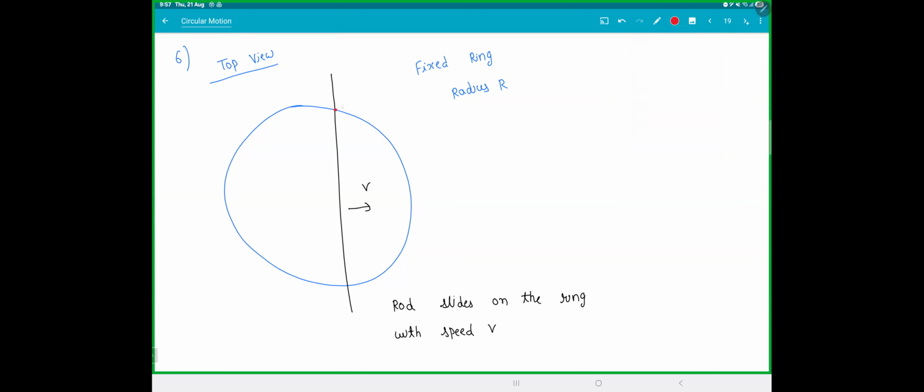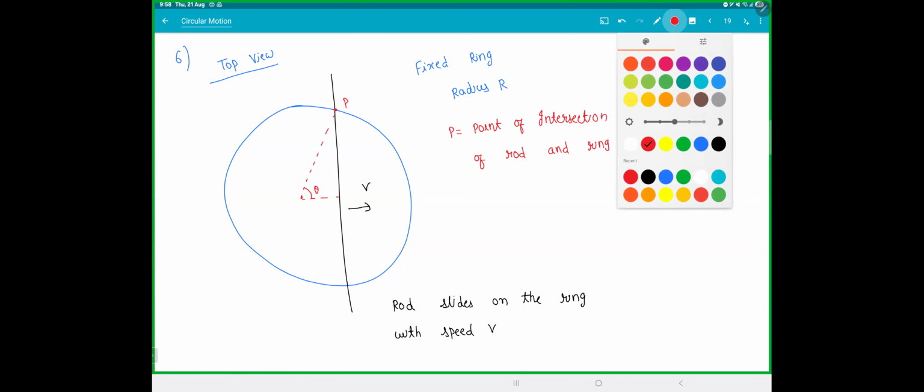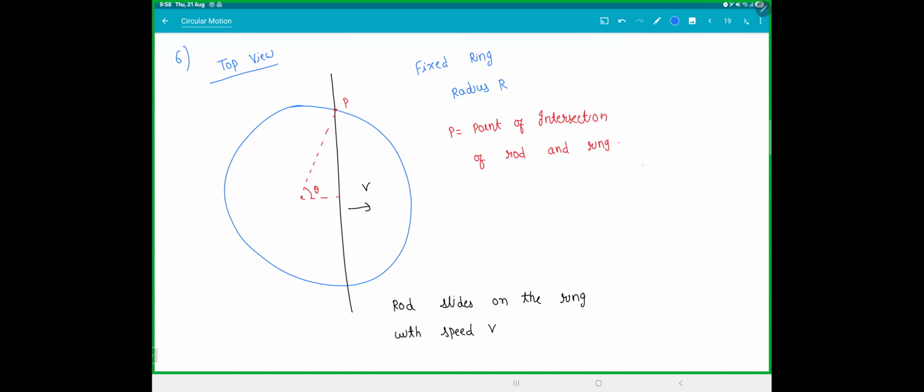So P is the point of intersection of the rod and the ring. So that is how P is defined. So at some point here, if you observe, this is theta basically. If the rod starts moving, how will the picture look?